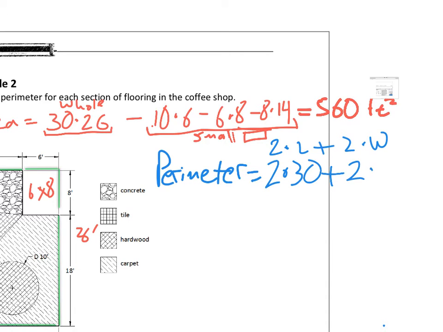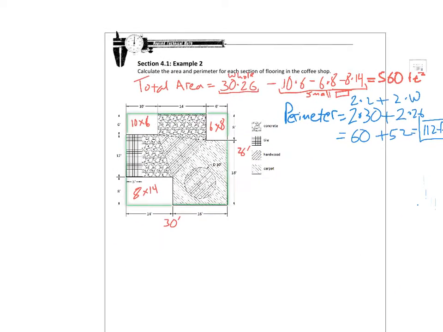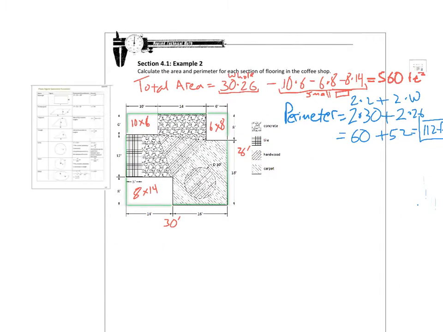So the perimeter is 2 times 30 plus 2 times 26. That's 60 plus 52 equals 112 feet. So if we want to go all the way around it, we need 112 feet, all right? Cool. Now let's jump into these smaller pieces.